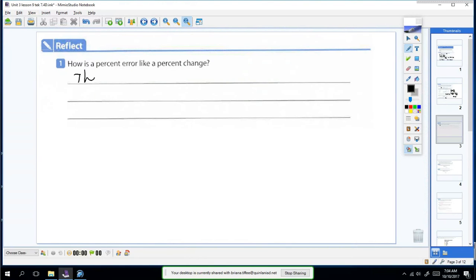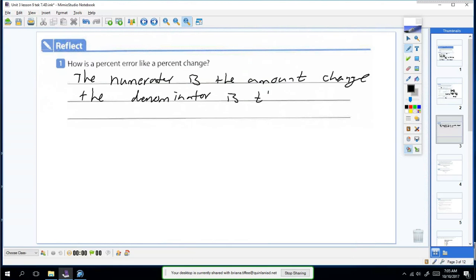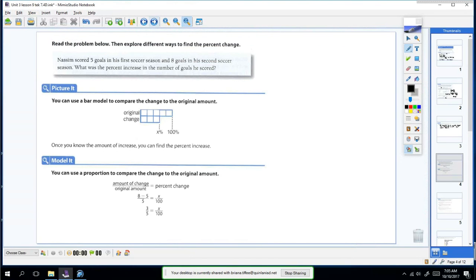So basically, the numerator, or some say the top, is the amount of change, and the denominator, or the bottom, is the original or actual amount.